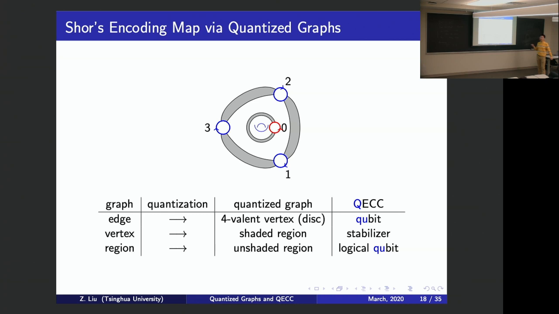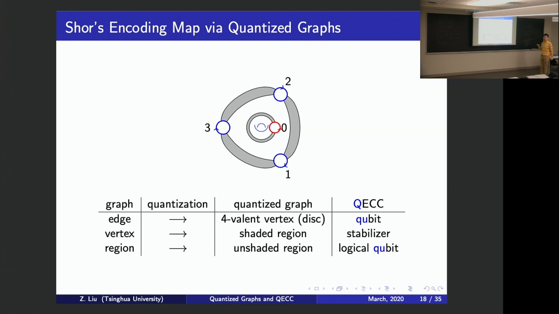And actually it's even more conceptual. Since the outside part is the quantized graph, and the inside part captures the topological order. So even though this concept was considered by pictorial code at the beginning, but even for Shor's error correcting code, we can use a similar idea, this topological non-triviality, to capture logical qubits.